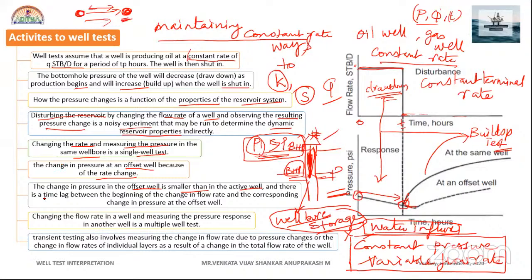So what will happen during this is there is a time lag, because soon after you produce something, it will take some time to get influence on the other well. So that is called a time lag. What is the time lag? Like suppose I am presently giving the webinar from India.